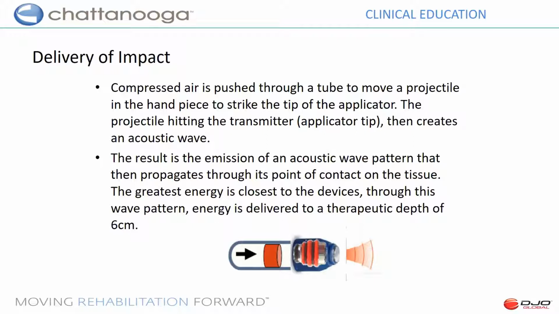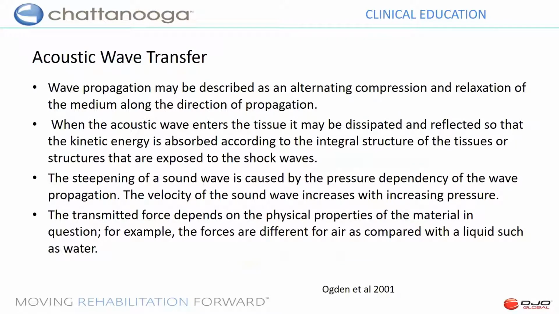Inside the applicator is a tube that looks like a barrel, like a gun barrel, and there's a projectile inside. That projectile slams up against the transmitter head and produces an acoustic wave. Then we transmit that acoustic wave through ultrasound gel. Because it is acoustic, we do use a medium to transmit that energy into the patient.